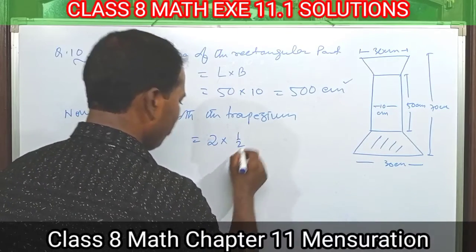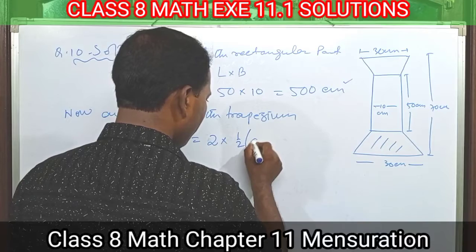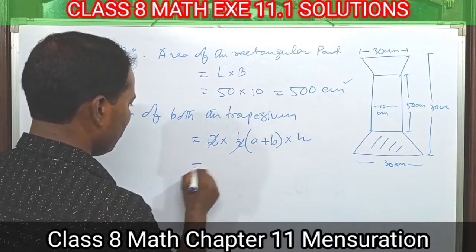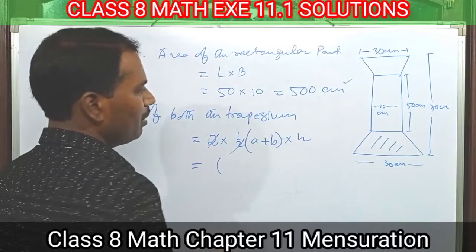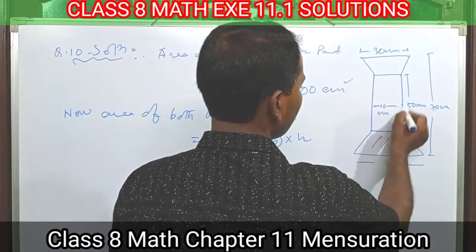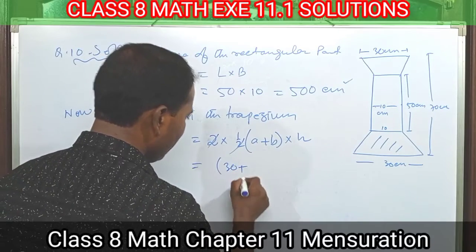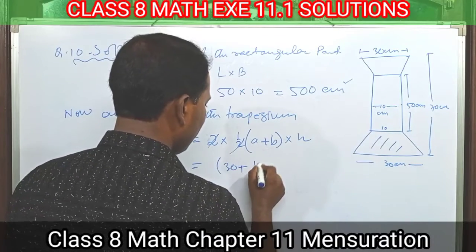The formula of area of trapezium is half into A plus B into H. These 2 and 2 are cancelled. Now in place of A, let us write 30, and in place of B, let us write 10.